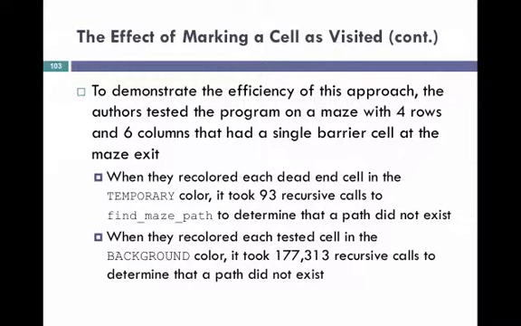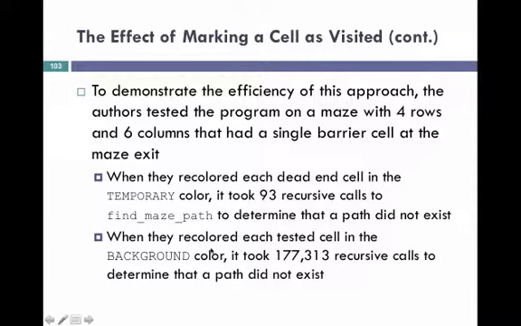Now, to demonstrate the efficiency of this approach, the author tested the program on a maze with 4 rows and 6 columns that had a single barrier cell at the maze exit. Okay, so here we'll consider all possible paths, but since the barrier's at the exit, we're never going to find a solution. And when they recolored each dead-end cell in the temporary color, it took 93 recursive calls to determine that a path didn't exist.